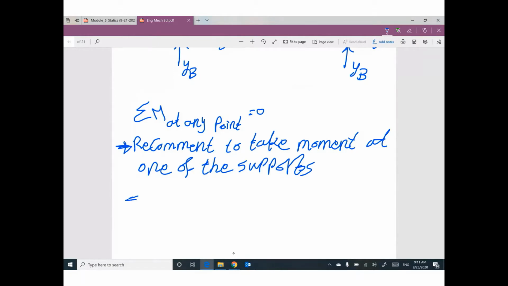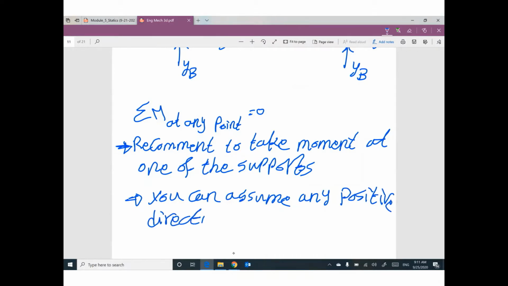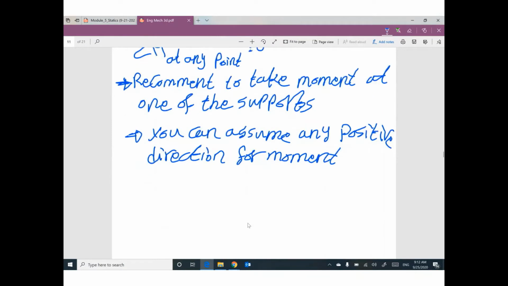You can assume any positive direction for moment. What do I mean? Moment means rotation. So you can assume clockwise is the positive direction, or you can assume counterclockwise is your positive direction. It's up to you. You can assume what you want related to moment.